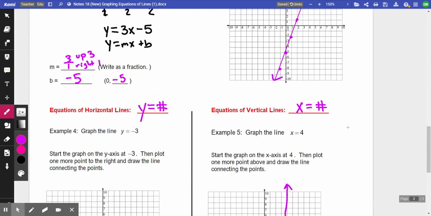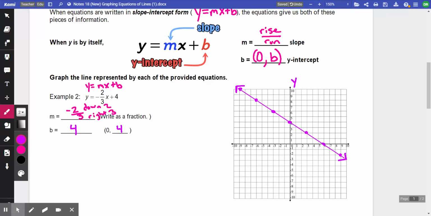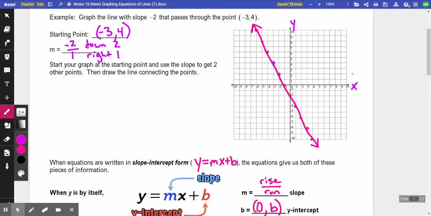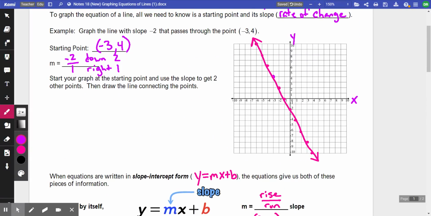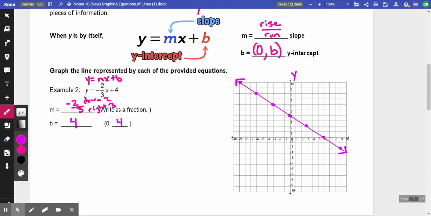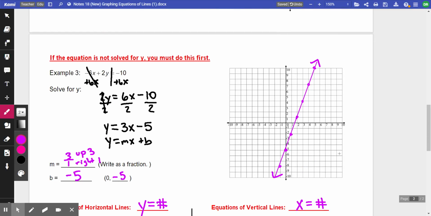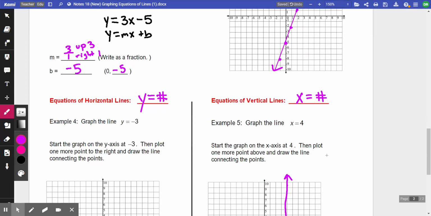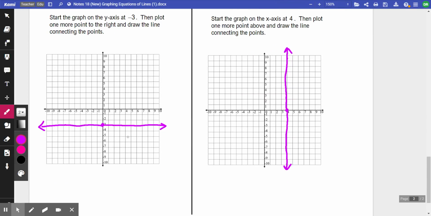Okay, so remember there are 4 types of slope, where you have a positive slope and a negative slope, a slope that is 0 or a slope that is undefined, which means that you are going to have 4 possible cases for what your graphs look like when you graph them. A graph that's going down, a graph that's going up, a graph that's just going left and right, which is a horizontal line, or a graph that only goes up and down, which is a vertical line.